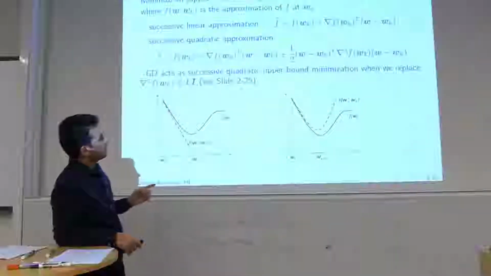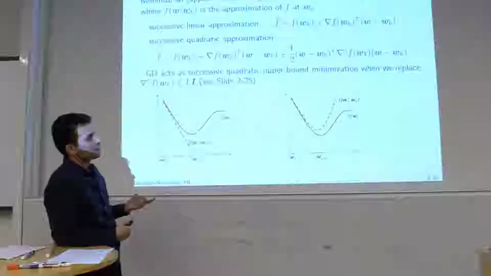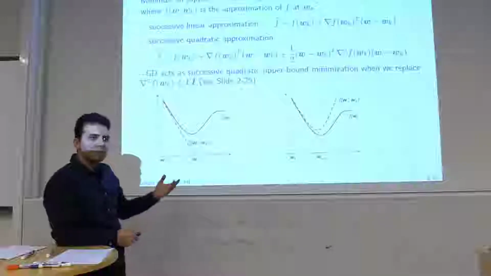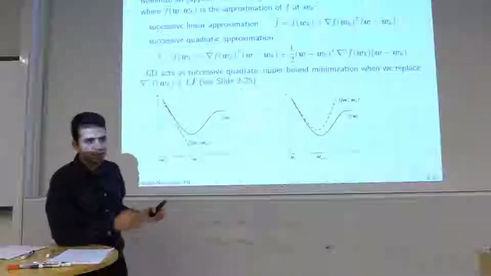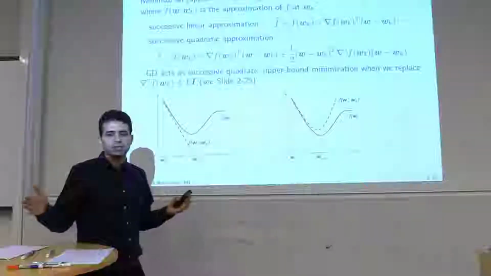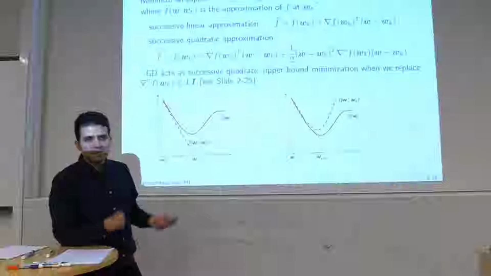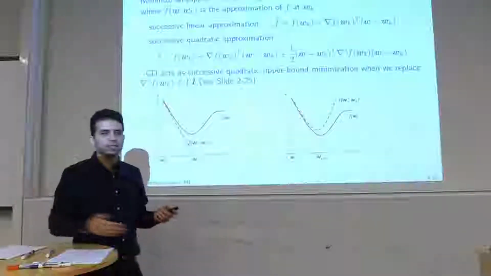So the question is, we want to approximate. In this case, we went for second order approximation, the Taylor series. Usually this is the easiest way to go. If you want a first order approximation, cut the Taylor series after 2 terms. If you want the second order, quadratic approximation, then cut it after the second order.